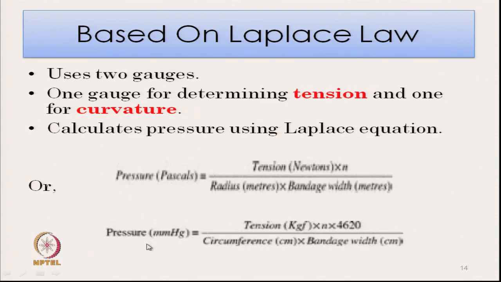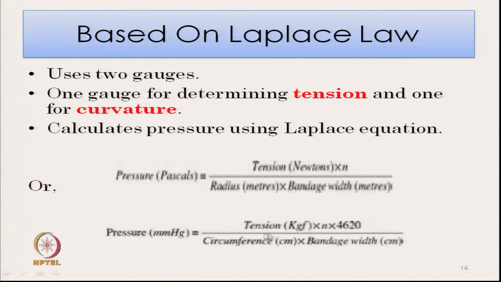So, this is the pressure required in Pascal, tension in Newton multiplied by n, the number of layers, divided by radius of curvature and the bandage width.